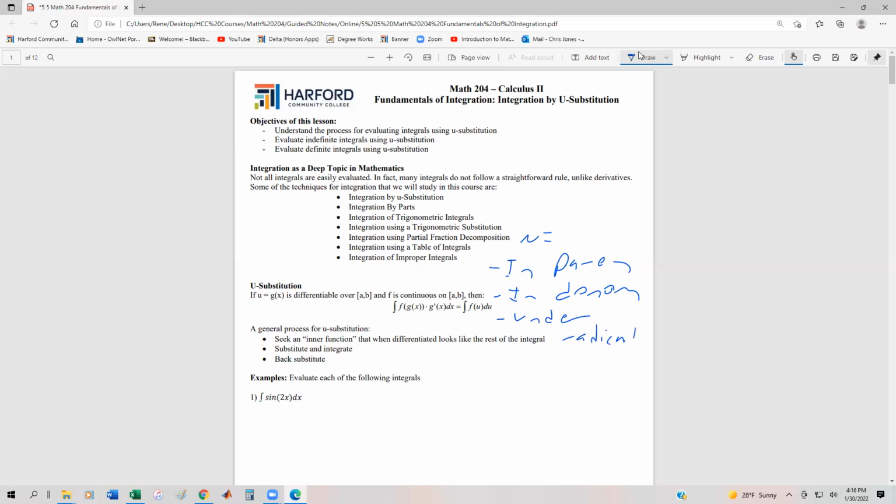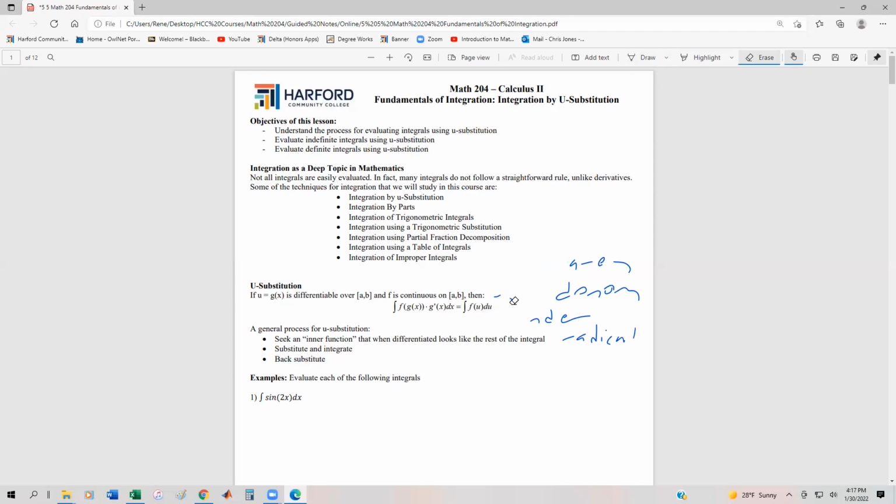These are usually the common ways to do a U substitution, but it's not all of them. As we're going to see later in the course, there are lots of different ways to define U throughout. But these are just some of the common ones that we can start with.